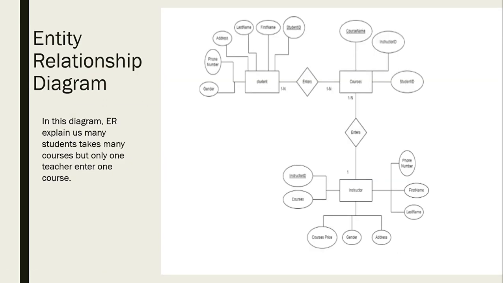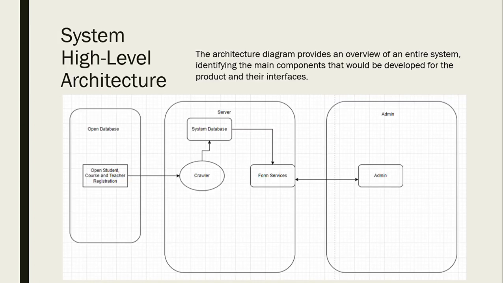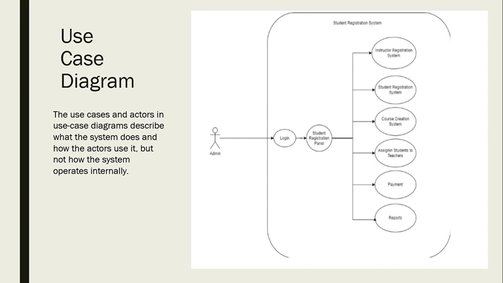Entity relationship diagram. In this diagram, the ER explains that many students take many courses, but only one teacher enters one course. Student high-level architecture. The architecture diagram provides an overview of the entire system, identifying the main components that would be developed for the product and their interfaces.